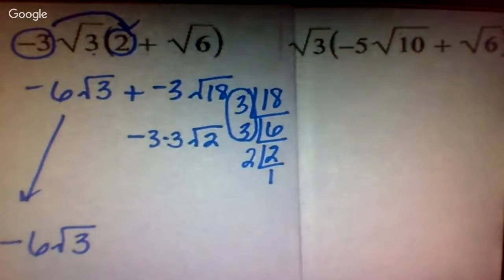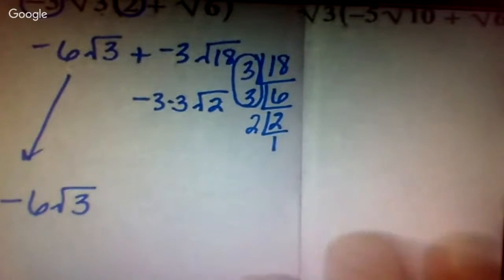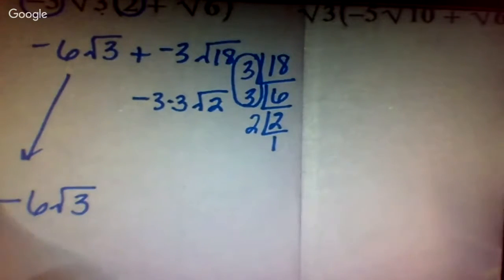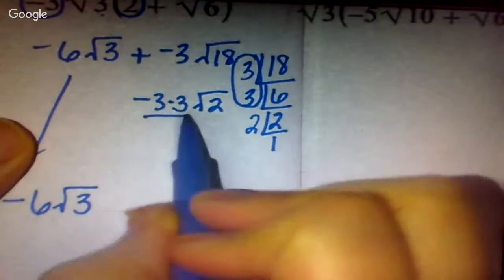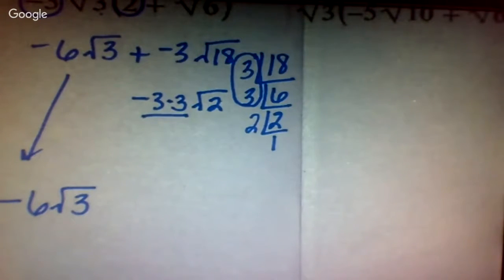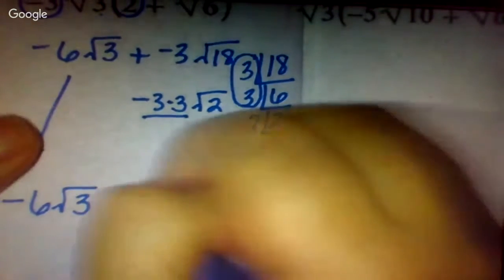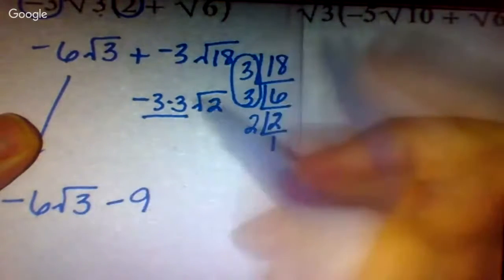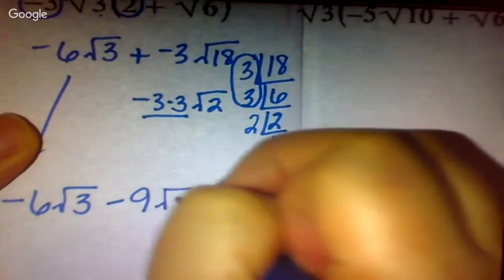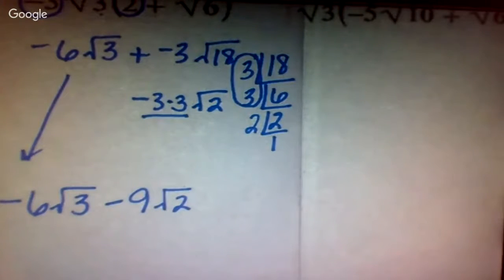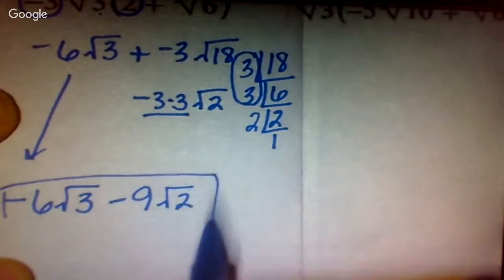It was already simplified. This one, once I simplified it, we have to multiply what's out front. What's negative 3 times 3? Negative 9 square roots of 2. Can I combine those? Can I subtract them? No. One is the square root of 3, one is the square root of 2. That is your final answer. It's over.